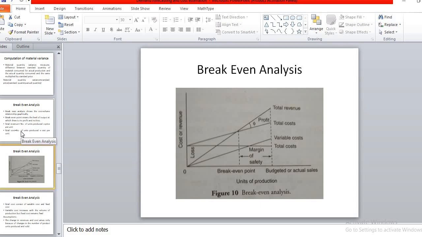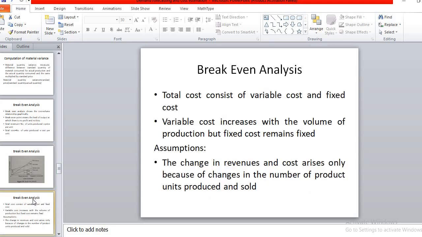That particular point is called the break-even point, and related to that point on the y-axis and x-axis are the break-even quantity, break-even cost or revenue, and break-even budgeted sale or actual sale.